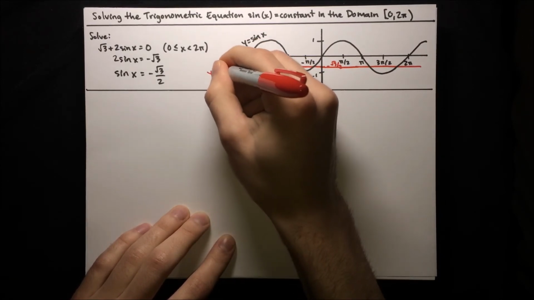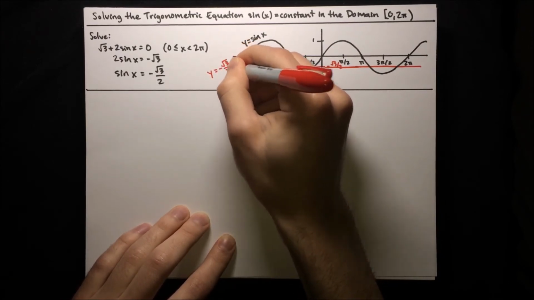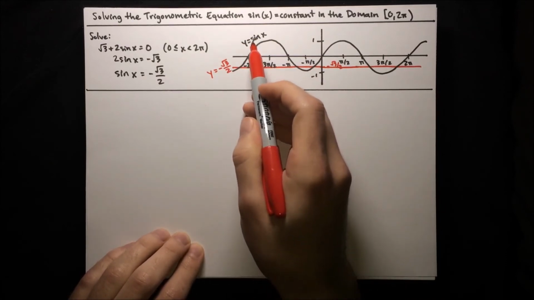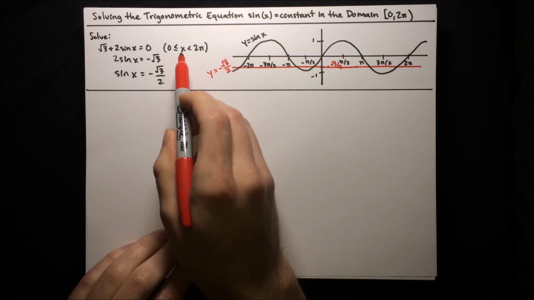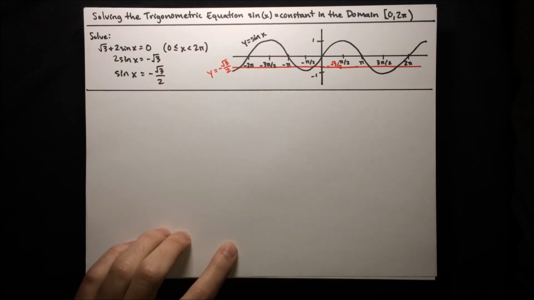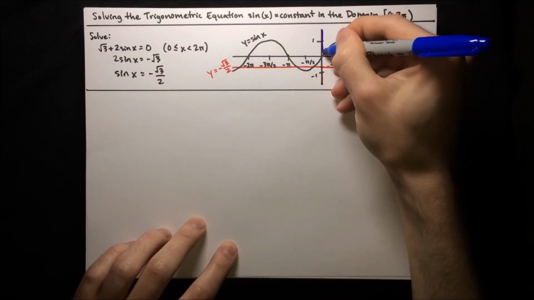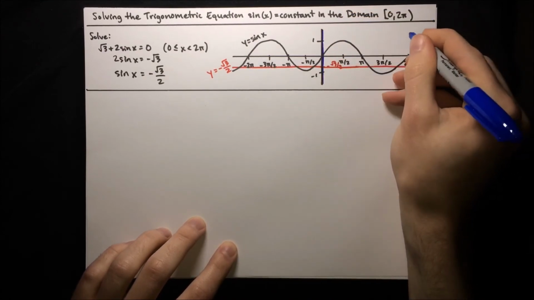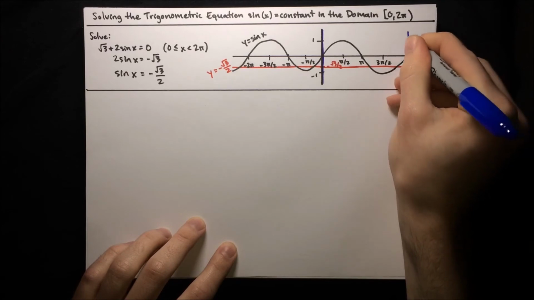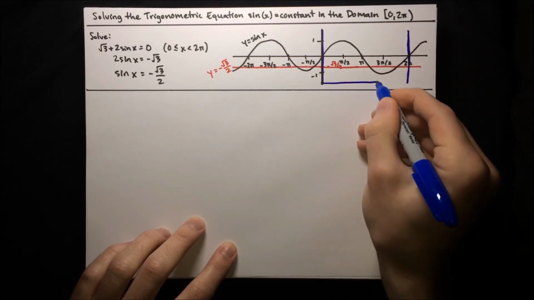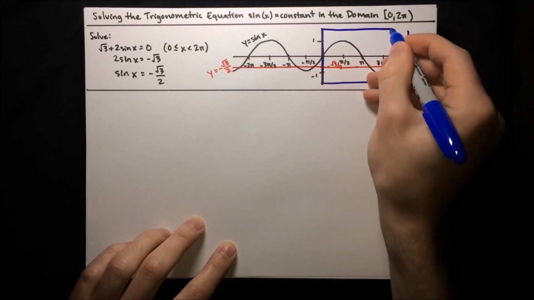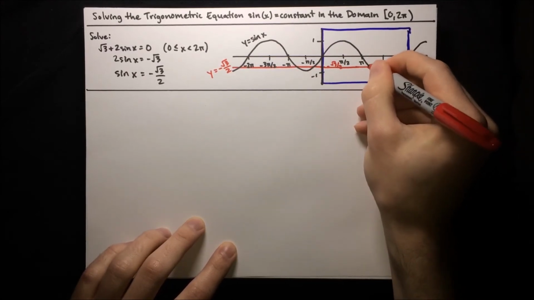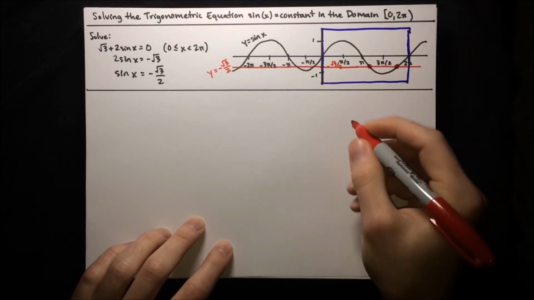So that's the line y equals negative root 3 over 2, and we want to find where this line intersects with sine of x, but we're just looking at the domain as x goes from 0 to 2 pi. So x is 0 is just the y-axis here, and x is 2 pi is right over here. So we're just looking for intersections within this box here. And here we see that there are 2 points of intersection. There's a point right here and a point right here.